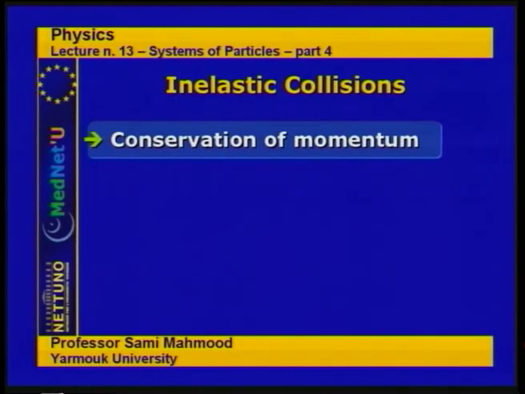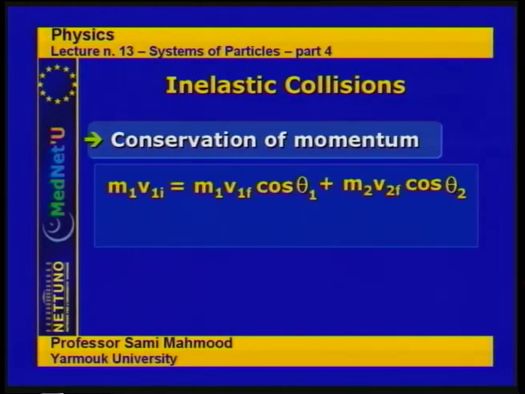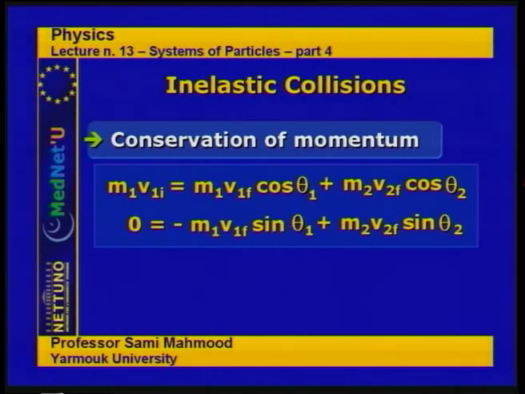And if we have an inelastic collision, then we have conservation of momentum applied, and this is the conservation of momentum in the x direction. Notice that we have to analyze the finals into their two components, the x and y components, and this comes from the application of the conservation of momentum in the y direction.